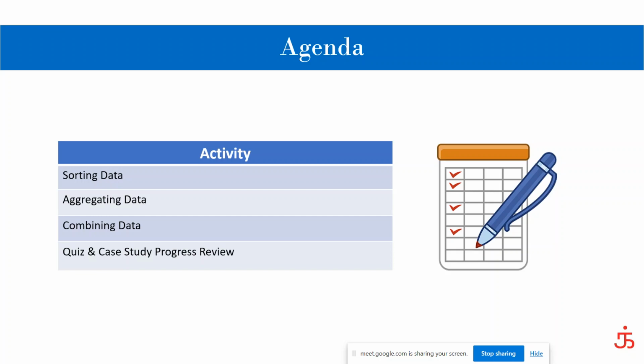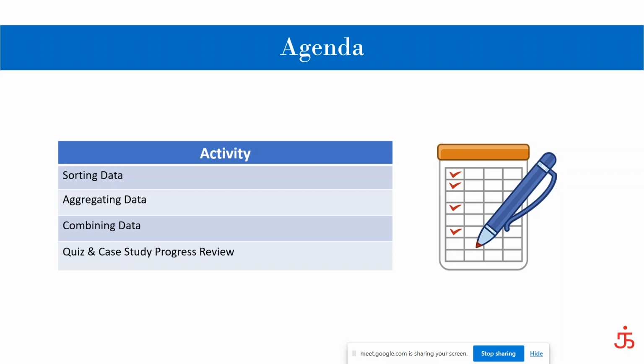There are various methods or options they provide so that you can see the data in a different way. Because sometimes if the data is not sorted, it's difficult to interpret. That's why the sorting option is very important. We are going to see sorting.